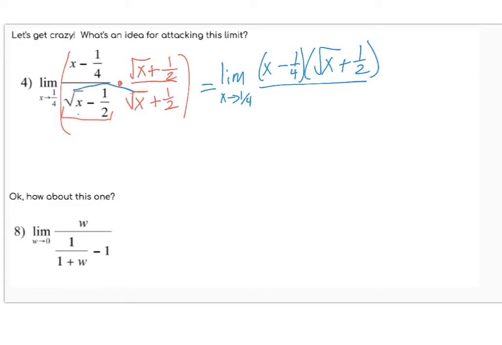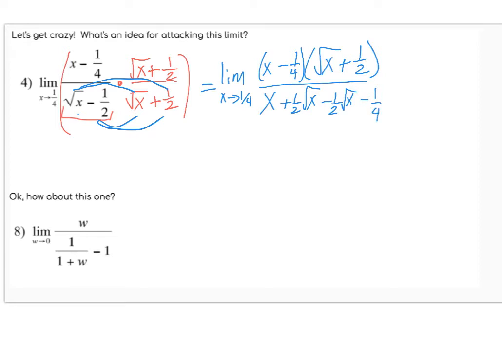Square root of x times square root of x gives me x. Square root of x times a half gives me plus a half square root x. Negative a half times square root of x is minus a half square root x. Hey, those things look like they're going to cancel out. It's like we planned it that way or something. And then minus a half times plus a half is going to give me minus 1/4.